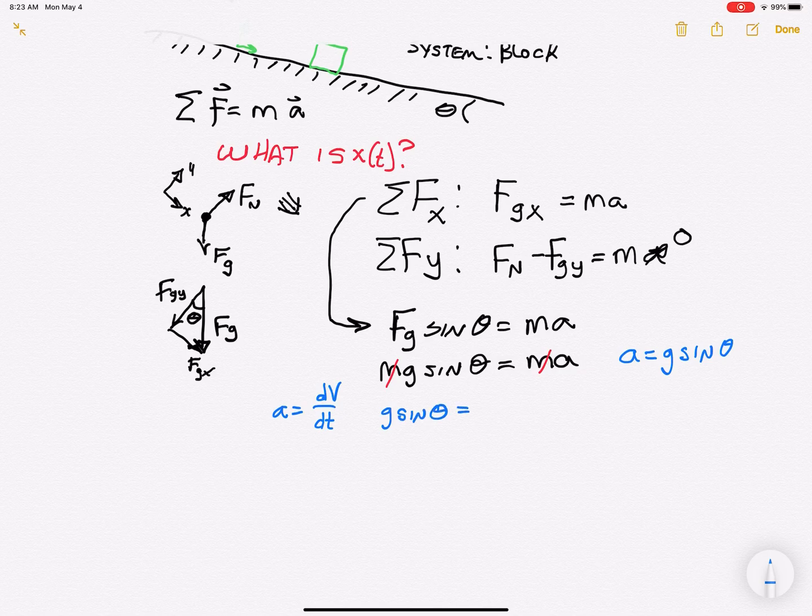It'll equal dv dt, multiply both sides by dt, and we wind up with dv equals g sine theta dt. And all of that is constant in our case. So we're just going to integrate over time. And we're just going to integrate over the velocity during that time interval.